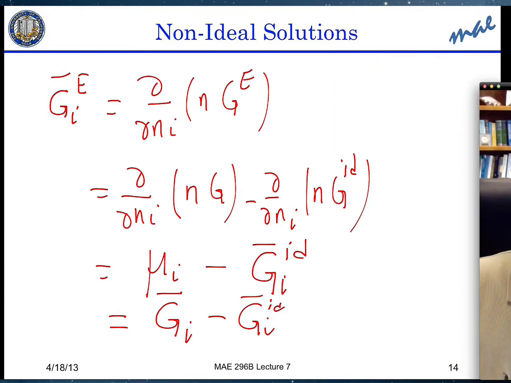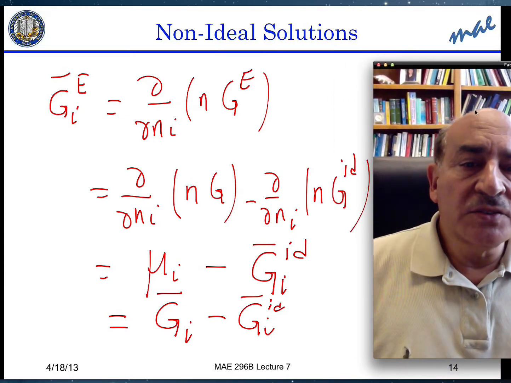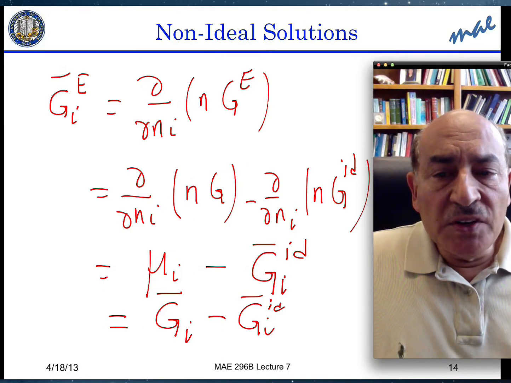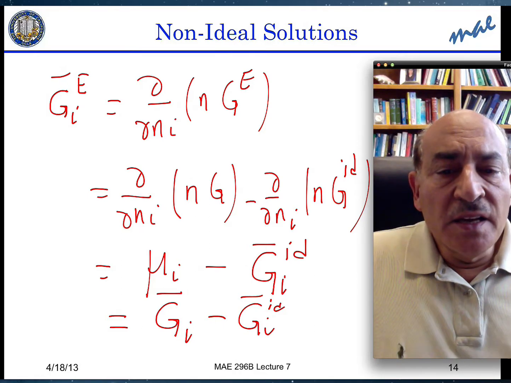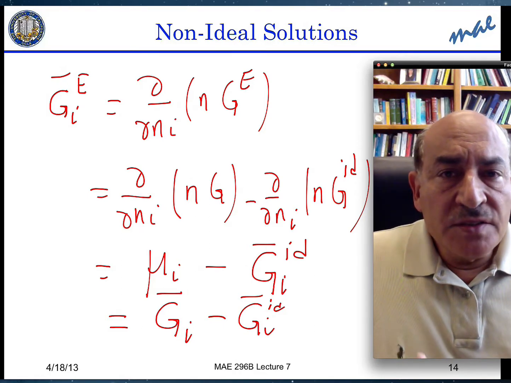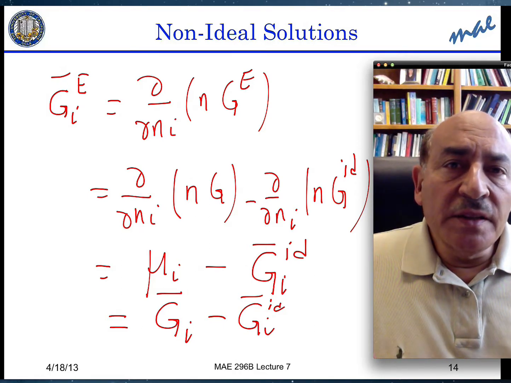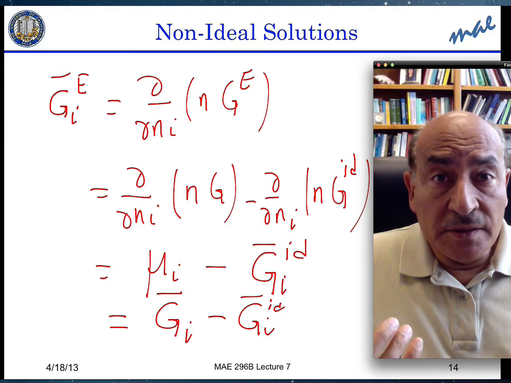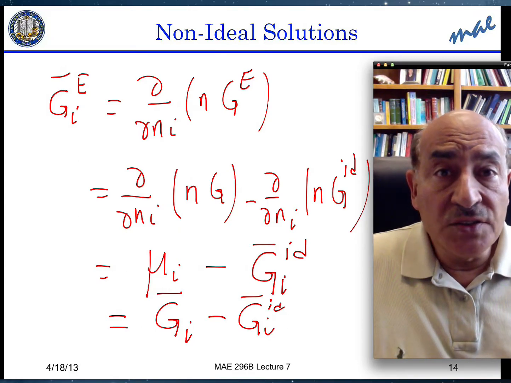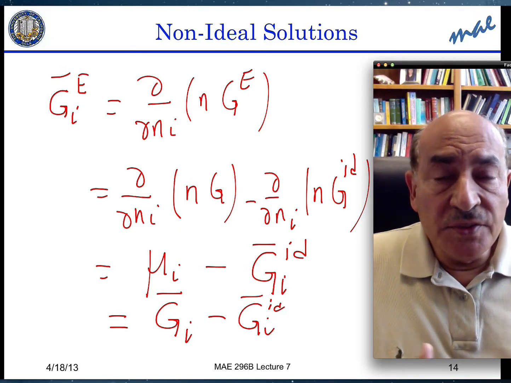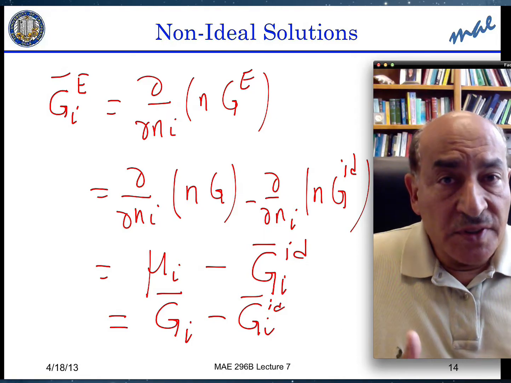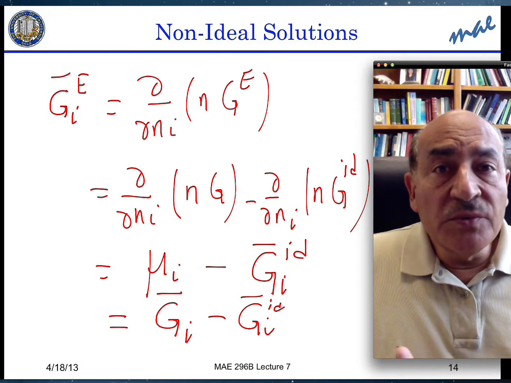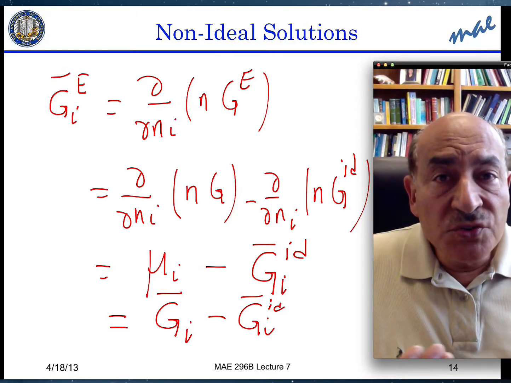Let me remove myself so you can see the total picture. What we're going to do is start from the differential in the chemical potential of species I in solution, relate this to its fugacity in solution with the hat on top, and then integrate this between two states.